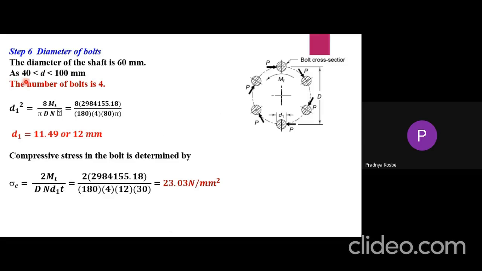If the diameter of the shaft is lying between 40 to 100, the number of bolts will be equal to 4. So according to that, the diameter of the bolt will be d1 square is equal to 8 MT divided by pi dn.